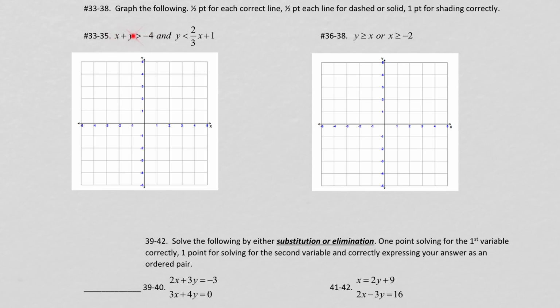I'm going to use the intercept method for this. If I cross out the y, x is negative 4. If I cross out the x, y is negative 4. There's no equal sign here, so this is a dashed line.